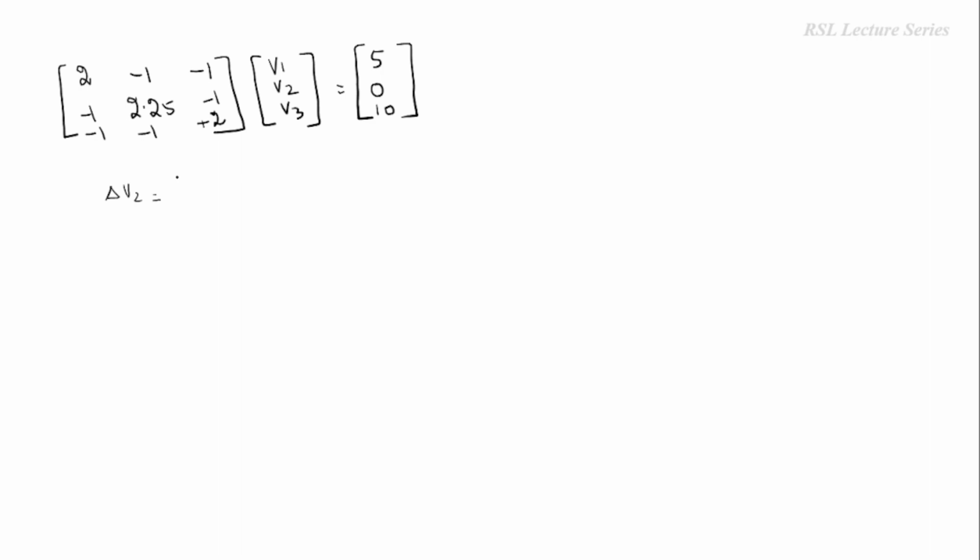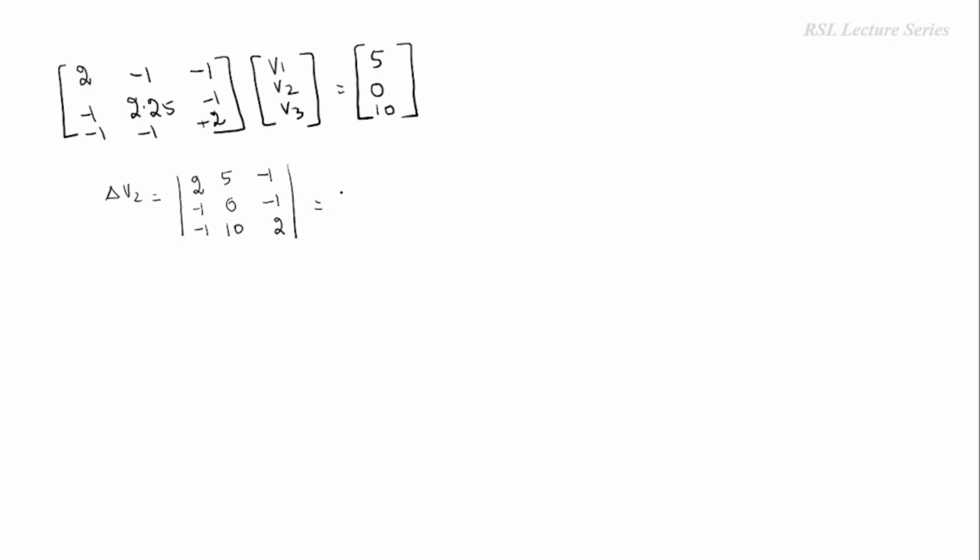Now we'll find out the delta V2 value. For finding out delta V2, we have to replace the second column with the right hand side matrix. The first column will be the same, the second column is 5, 0, 10, and the third column will be the same.